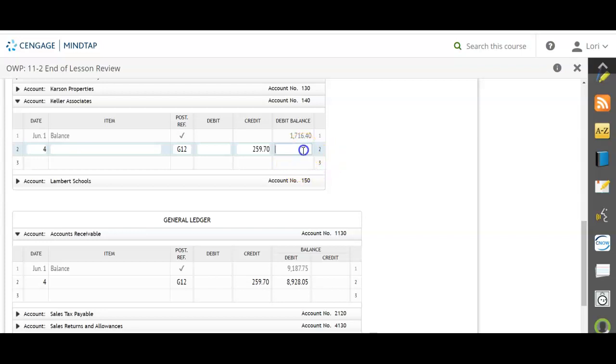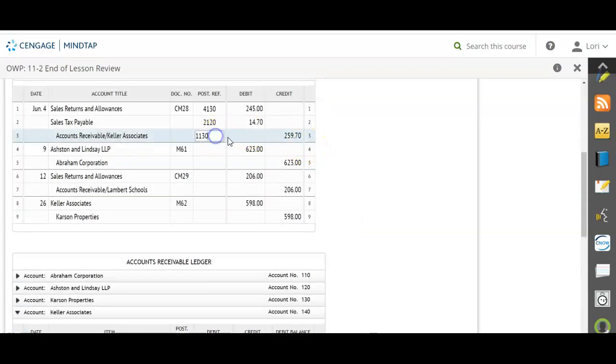So my new balance is $1,456.70. Oh, look at that, 4567. Okay, take that 140 and put it up right here with a slash. Okay, so that's that one.